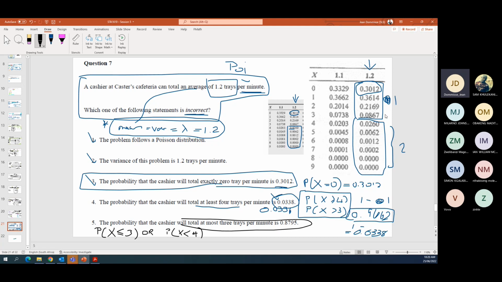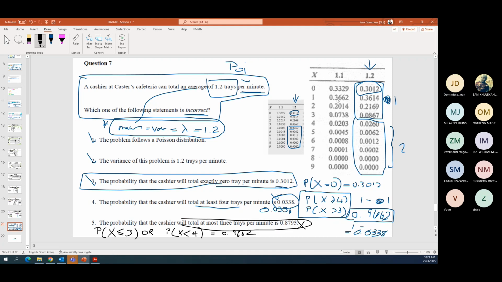So probability x smaller than 4, it is exactly what we've done here, which should have been 0.9662. Okay, so that is why that one is wrong.